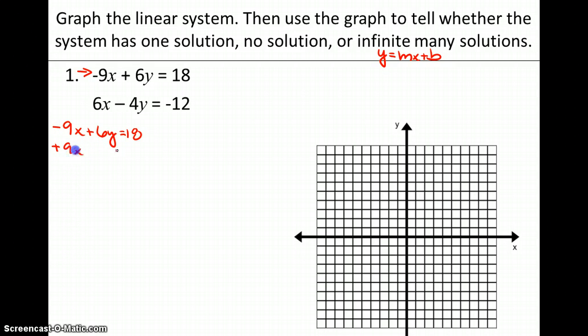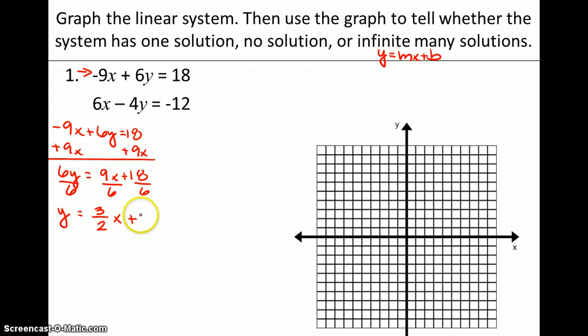I will add 9x to each side, and I have 6y is equal to 9x plus 18. At any time, if I'm going too fast, go ahead and press pause, or if you want to do this for yourself and use me to check yourself, that's welcome as well. I'm going to simplify 9 over 6 by dividing by 3. So I get y equals 3 over 2x plus 3.